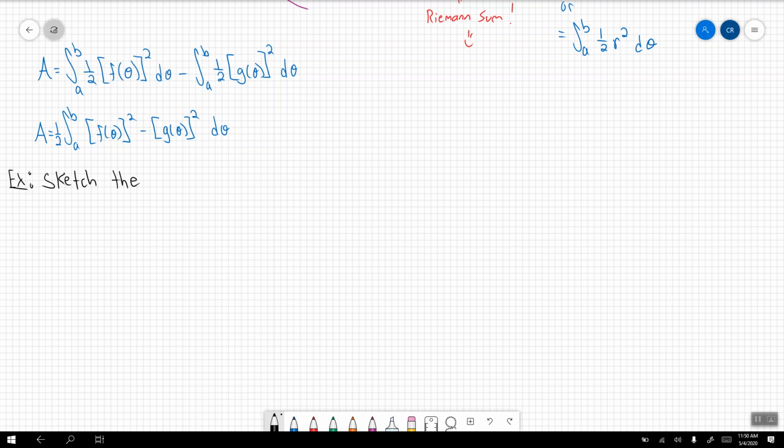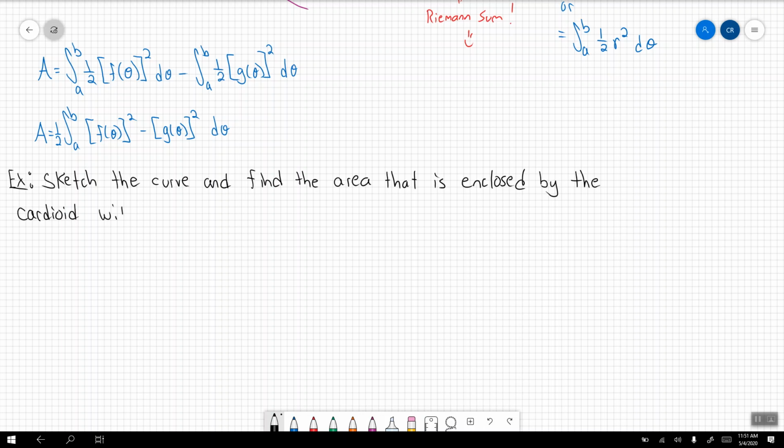Sketch the curve. So I want you to sketch the curve and find the area that is enclosed by the cardioid with equation r is equal to 2 times 1 plus cosine of theta.